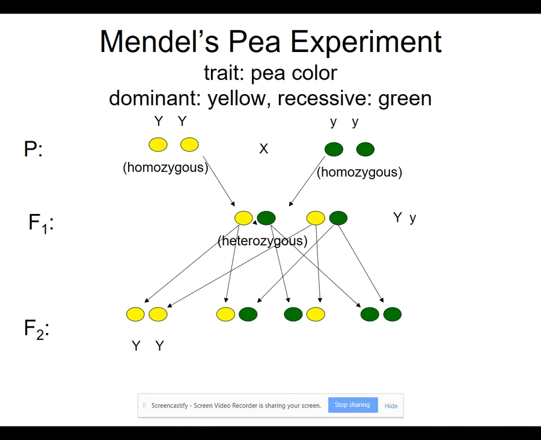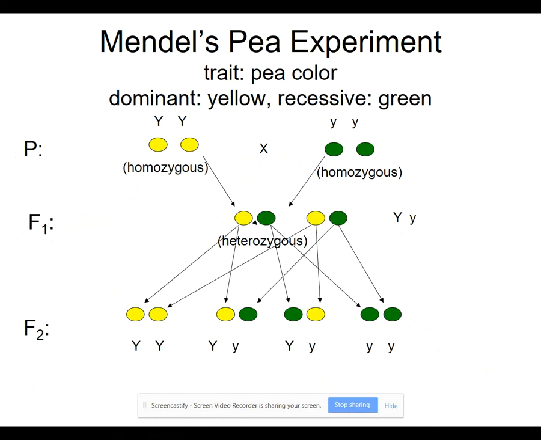Okay, the bottoms would be homozygous dominant, heterozygous, heterozygous, and homozygous recessive. If you reverse the letters here, that's okay. But in genetics, you're always going to write the dominant allele first, just to be consistent.